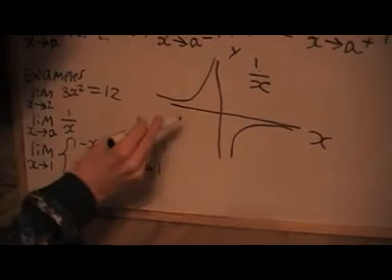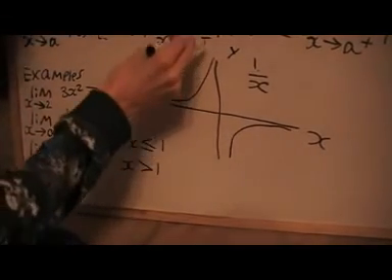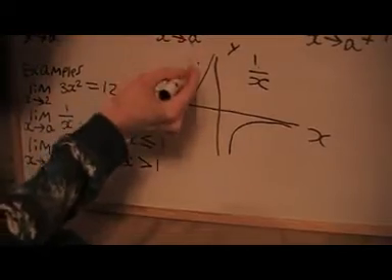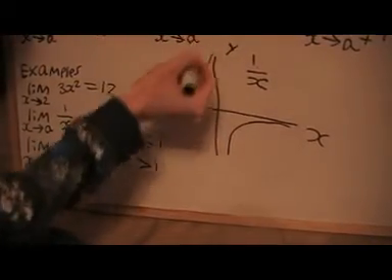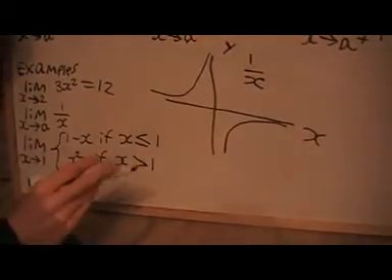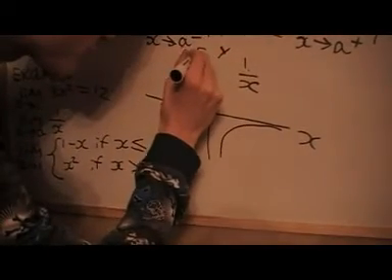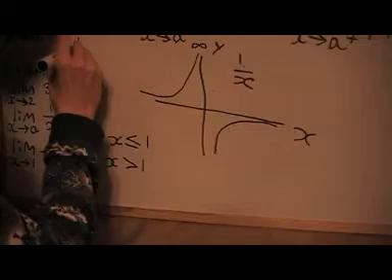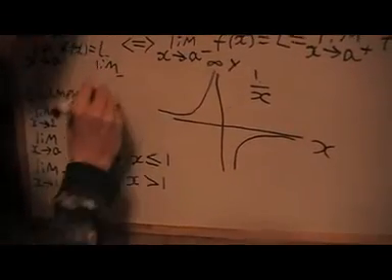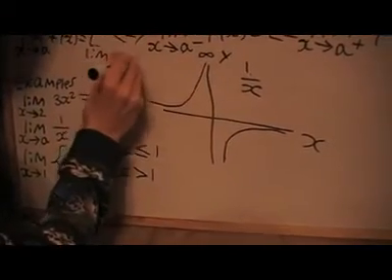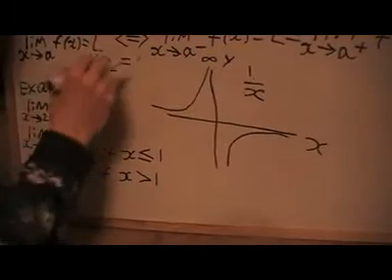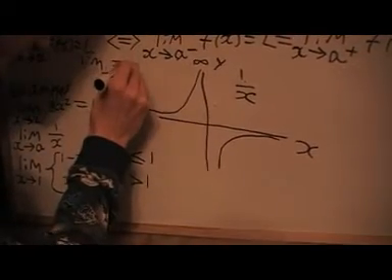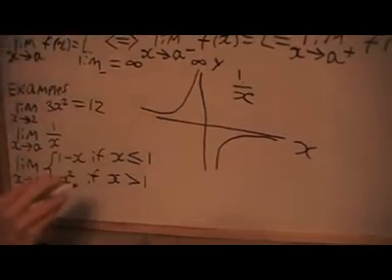Now, from the left, this is going up and up and up, and it's getting steeper, this curve going up more and more. So this is actually approaching infinity. So this limit here from the left is approaching infinity.